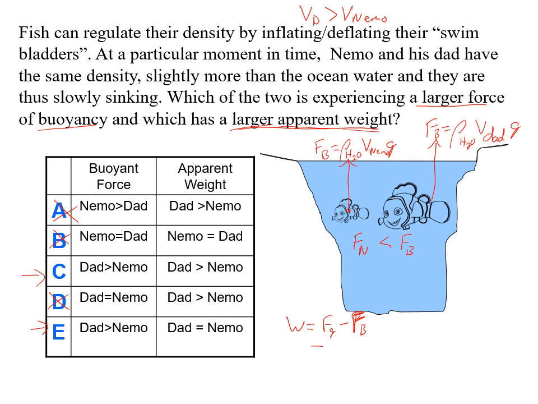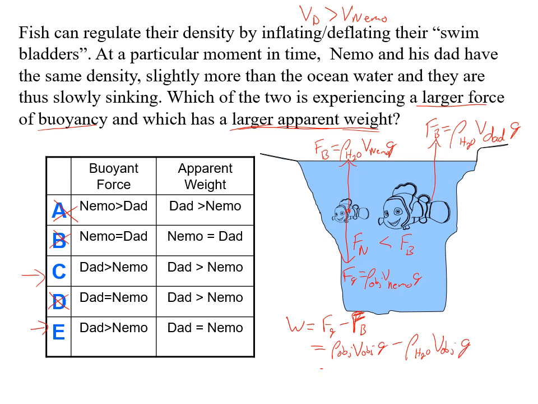So force of gravity, remember, for any object can be written as the density of the object times the volume of the object times g. So in this case, we've got the density of the object times the volume of the object times g, minus the buoyant force, which is the density of the fluid times the volume of the object times g.